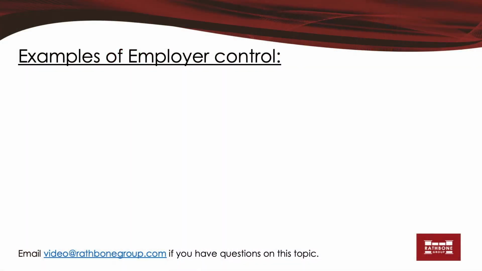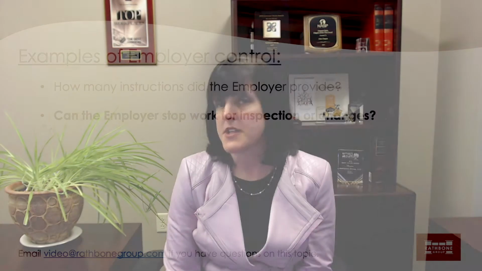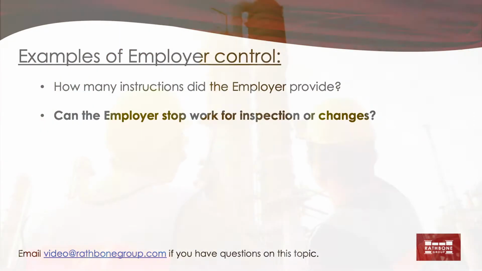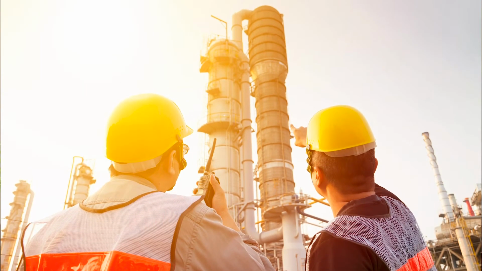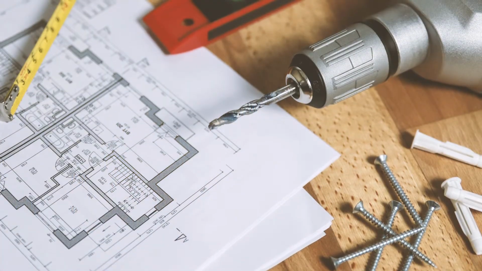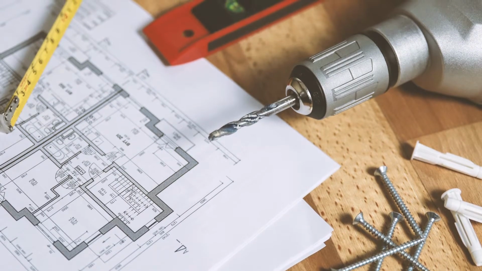There are also indications of control over the job itself that come into play. It could be how many instructions is the employer providing to the independent contractor in order to complete the job. Does the employer have the right to stop the work and inspect the progress, change any details with regard to how the job is going, or even provide alterations or deviations to what was originally occurring?